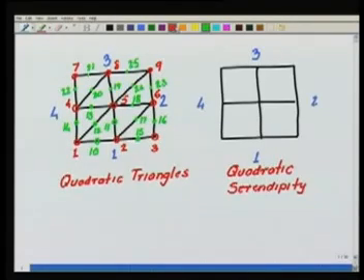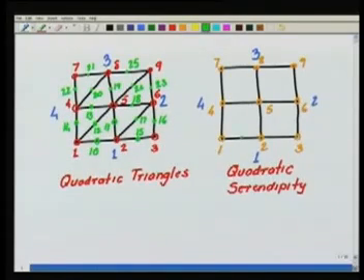If I use the serendipity, here again I will have these 9 corner ones, and then we will start numbering the edge ones.